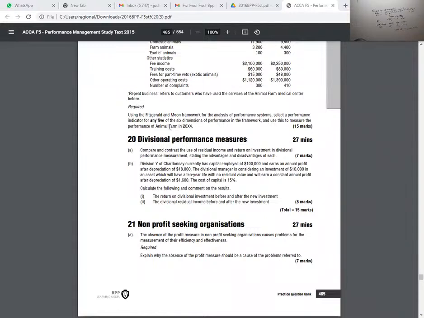This is what was being asked in part A: to compare and contrast the use of residual income and return on investment in divisional performance measurement, stating the advantage and disadvantage of each.